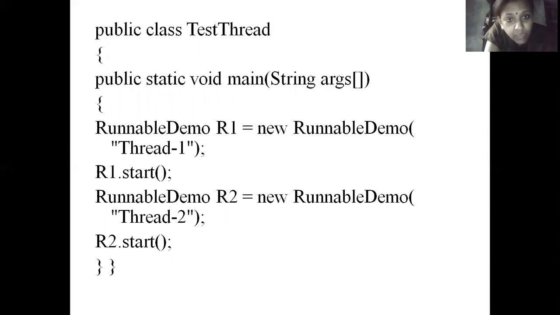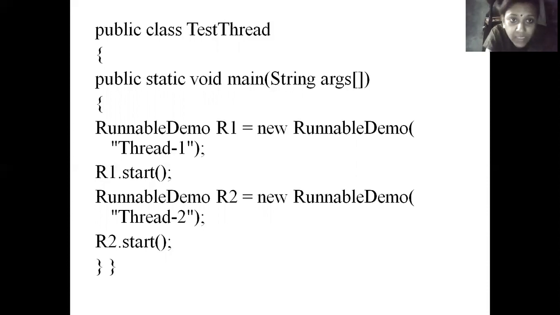RunnableDemo r1 is a new thread, and then we are calling r1.start. It obviously needs to start, and we are again creating another thread, thread 2, so we are calling the start method again.